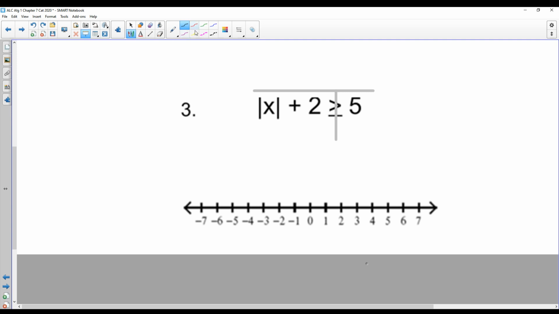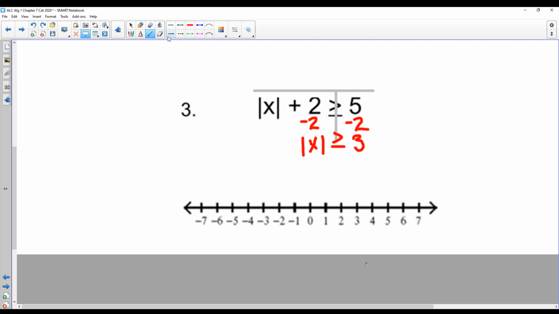That's right, you subtract it. So you're going to subtract 2 from both sides. So your goal is to isolate that absolute value. So now you're left with the absolute value is greater than or equal to, and what is 5 minus 2? Yep, it's 3. And then we're going to split that up into 2 problems.